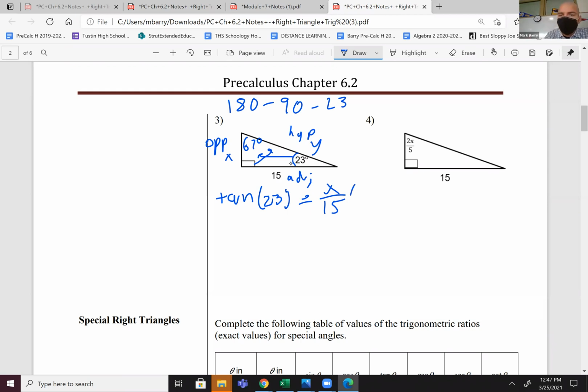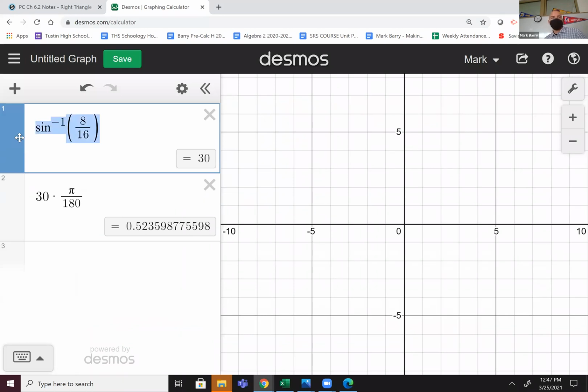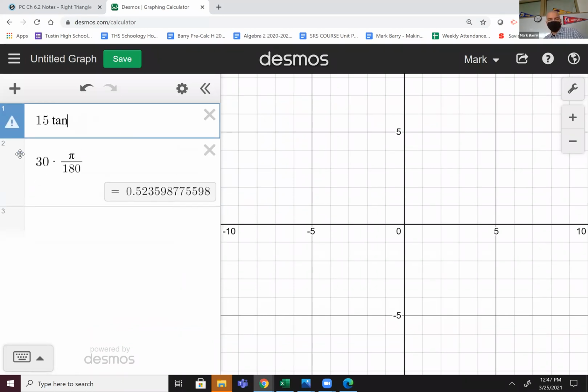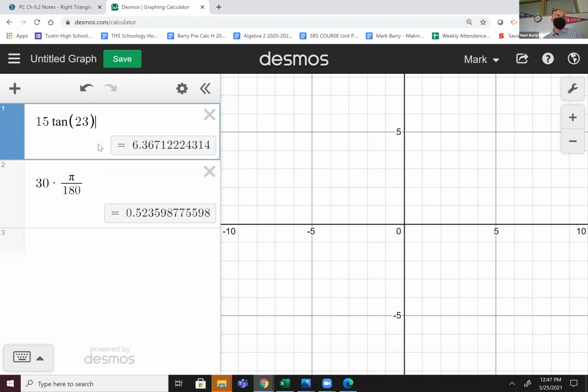So I'm going to go ahead and multiply the 15 over to that side. And so that I can just now type into the calculator 15 times tan 23. You actually don't need to put the 23 in parentheses, but I'll do it anyway.